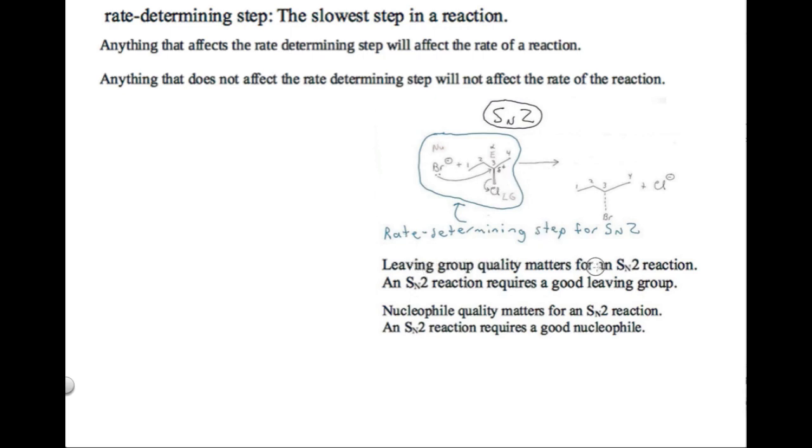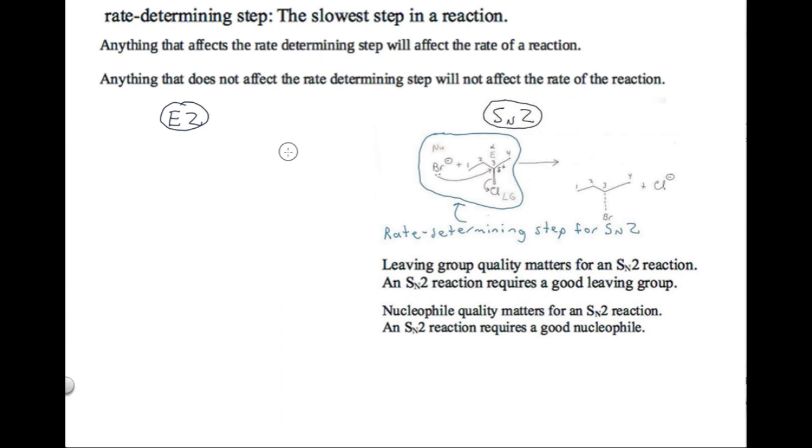Therefore, leaving group quality matters for SN2 because anything that affects the rate-determining step will affect the rate of a reaction. And as a result, an SN2 reaction requires a good leaving group. How would you justify this statement? You would justify it by saying that the nucleophile participates in the rate-determining step for SN2, and therefore nucleophile quality affects the rate of an SN2 reaction, and therefore an SN2 reaction requires a good nucleophile.